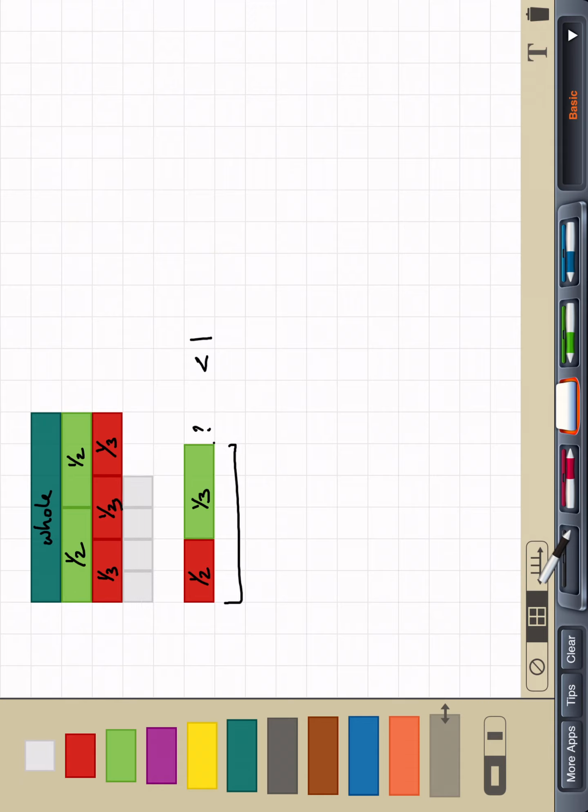I could split 1/2 into 3 pieces and the third into 2 pieces, and start looking at these pieces, which are sixths, because I need 6 of them to fill the whole, and see if maybe I can use those to show my sum.